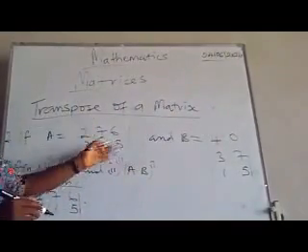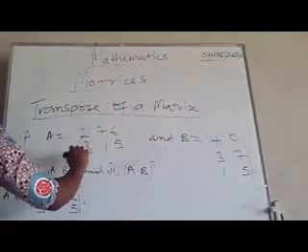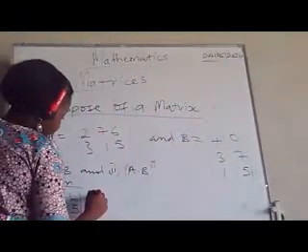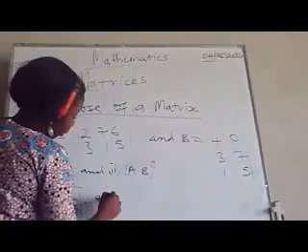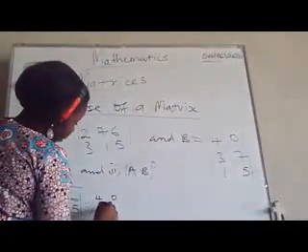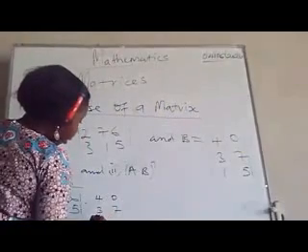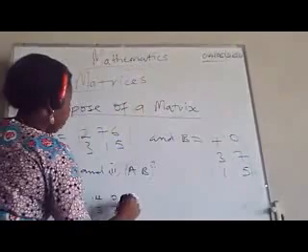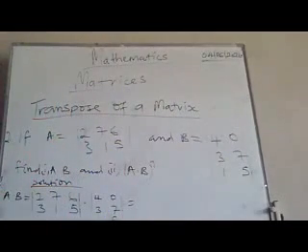It's a 2 by 3 matrix, 2 rows, 3 columns, multiplied with 4, 0, 3, 7, and 1, 5. We want to multiply these two matrices together.